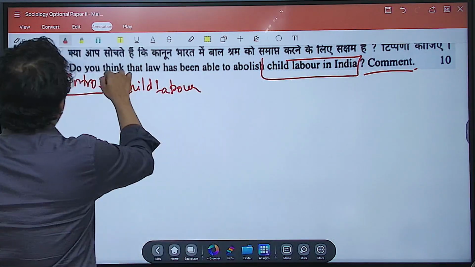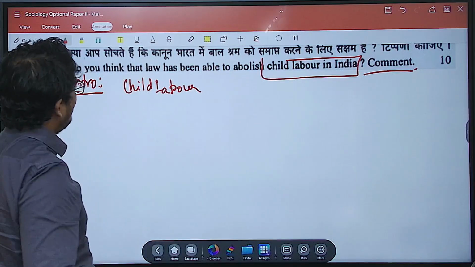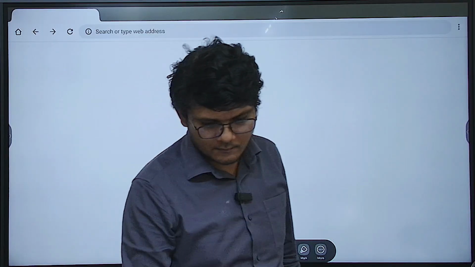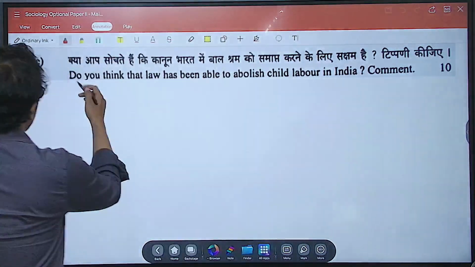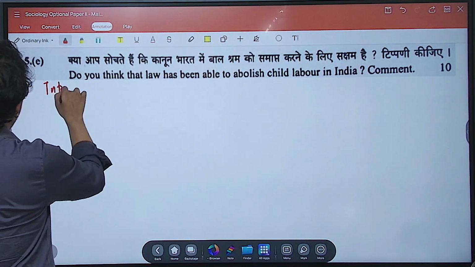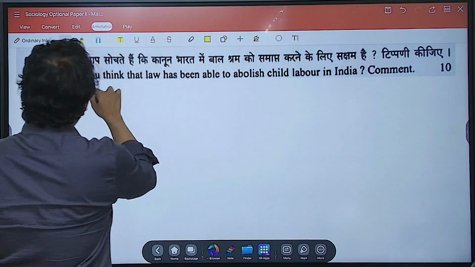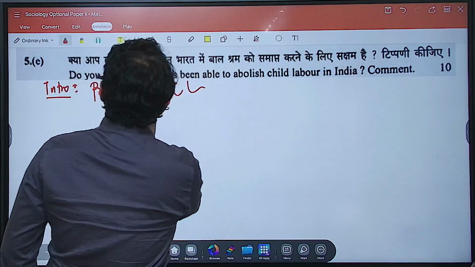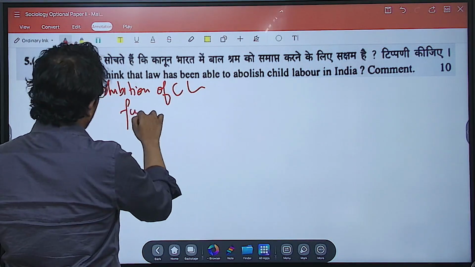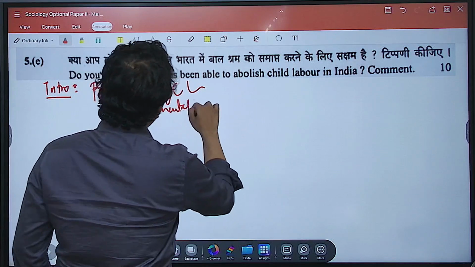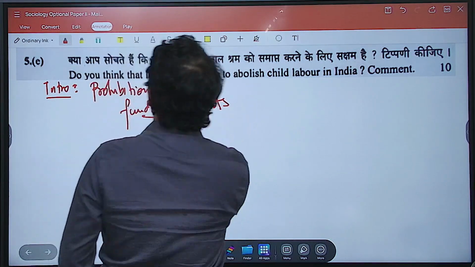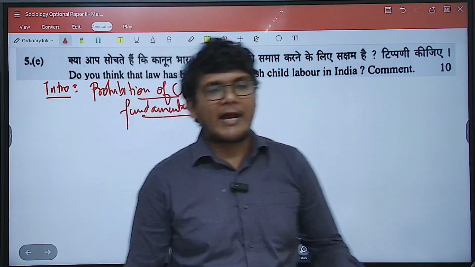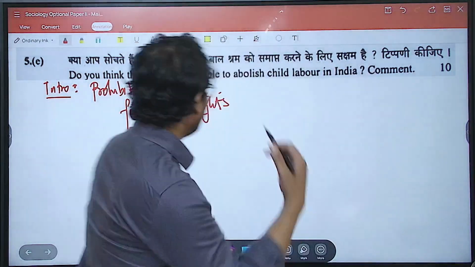So we'll be talking about the Prohibition of Child Labour Act first, that is there. You can talk about the fundamental rights also. So in the introduction, you can quickly mention the provisions that are there, which are working towards the abolition of child labor, which are trying to prohibit child labor.